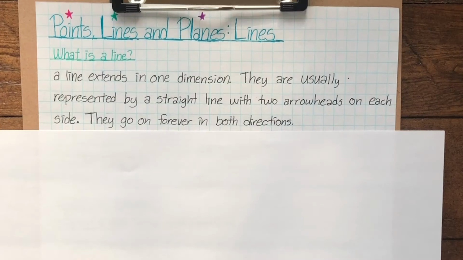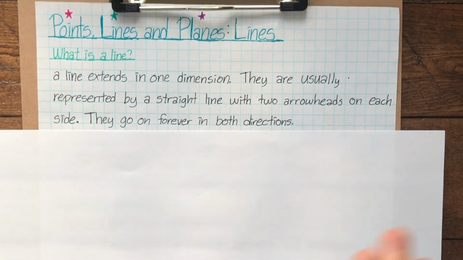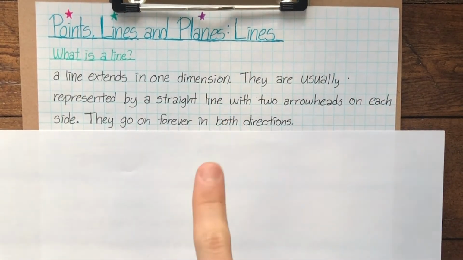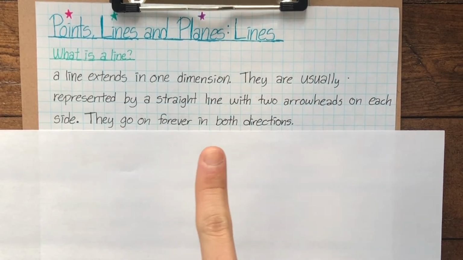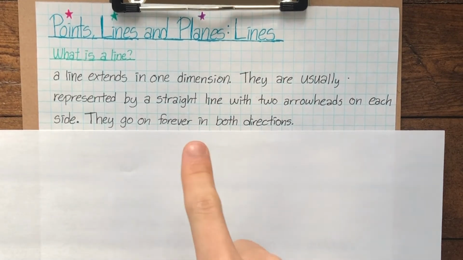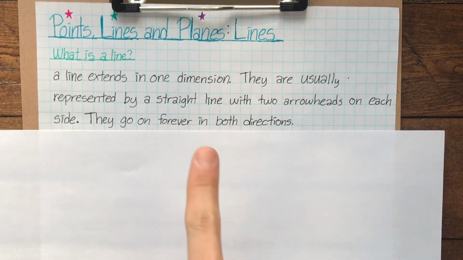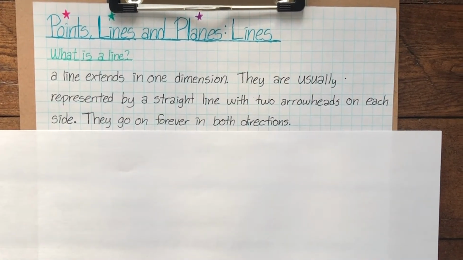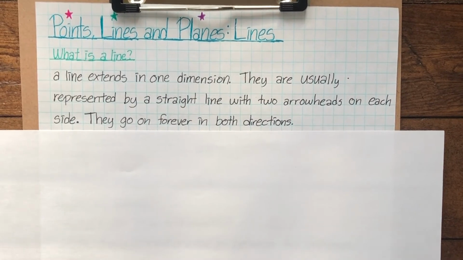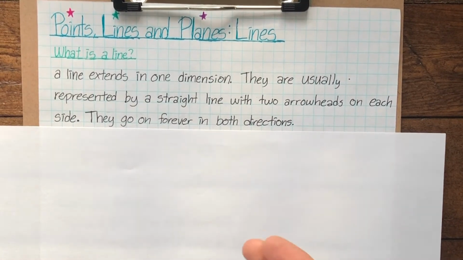A line basically extends in one dimension. If you remember from the last video, planes extend into two dimensions. However, a line only extends into one dimension. They're usually represented by a straight line with two arrowheads on each side, and they go on forever in both directions. Or, well, you can assume they do.